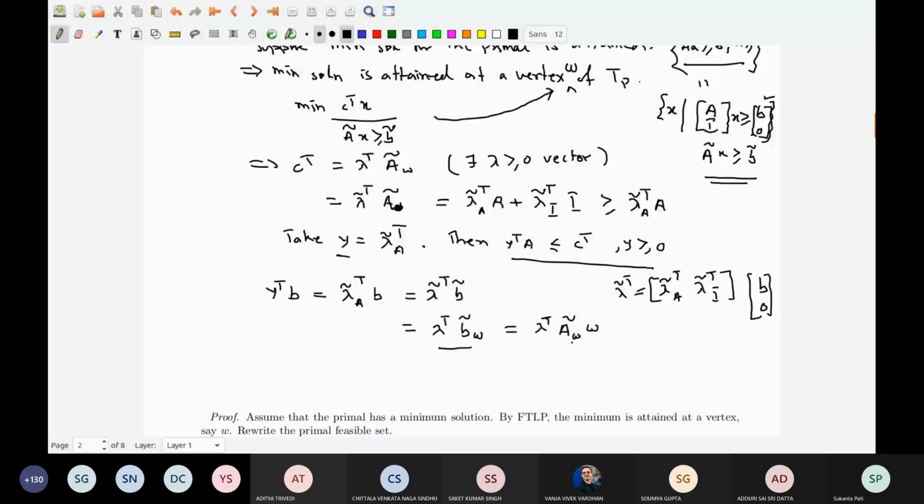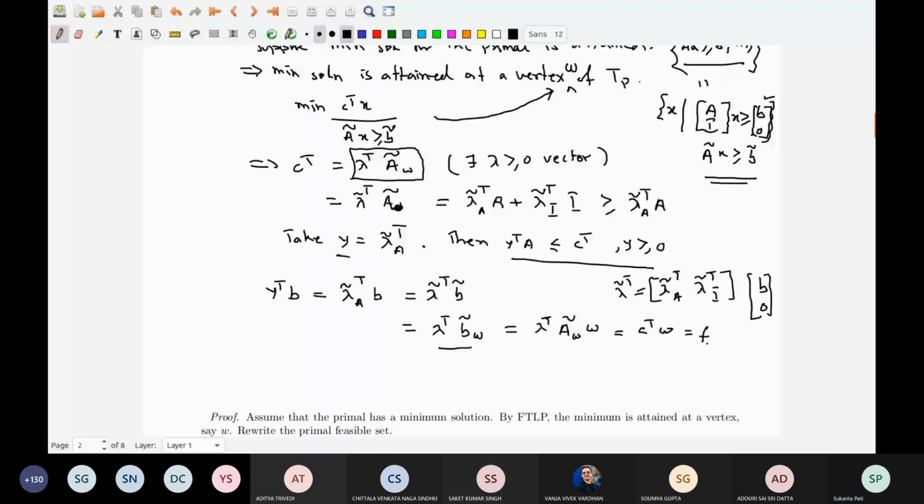Right. And but then look at this. This is C transpose W. And that is nothing but FP of W. Yeah, that's true.